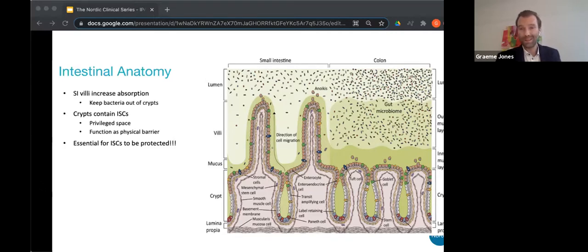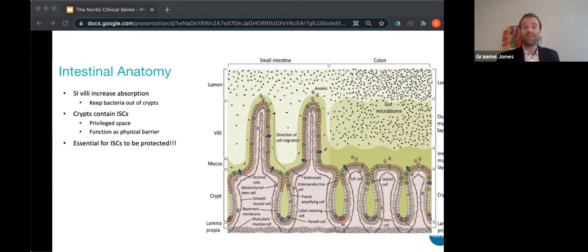But those finger-like projections also help to stop bacteria getting into the crypts, because we don't want them getting down there and possibly damaging the intestinal stem cells. So the villi act as a physical barrier, but they don't have that dense mucus layer, because remember, that inhibits absorption. Then we have the intestinal stem cells at the bottom of the crypt.